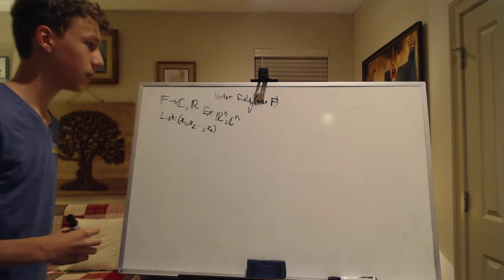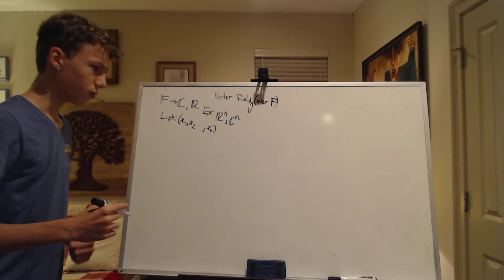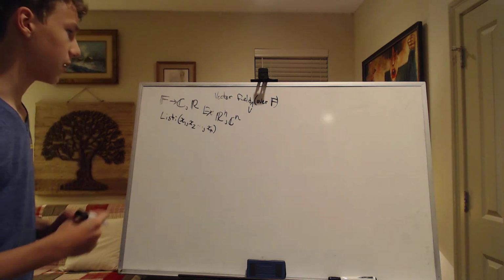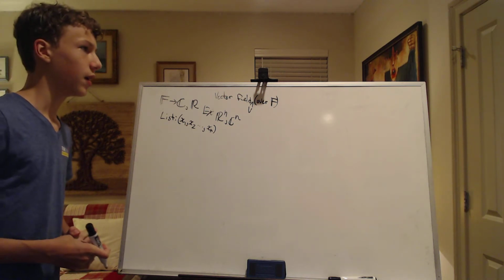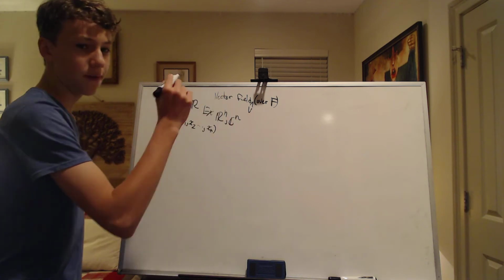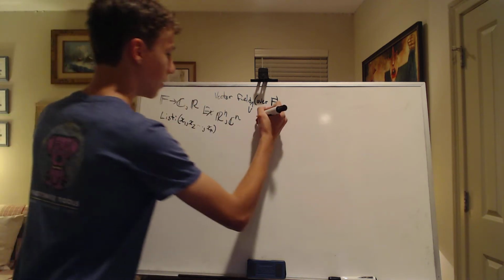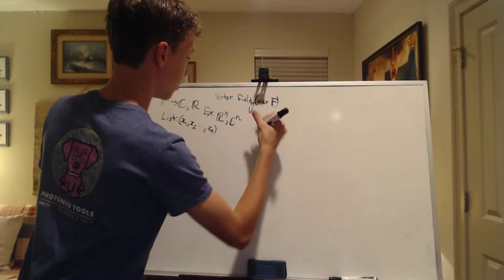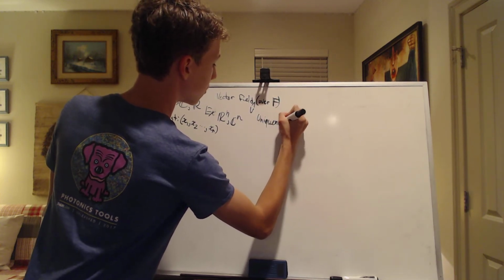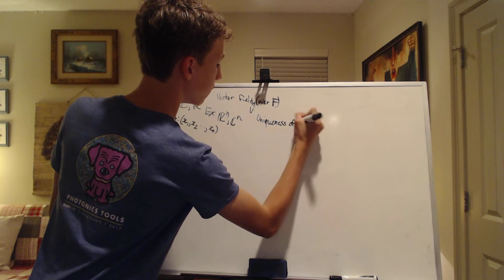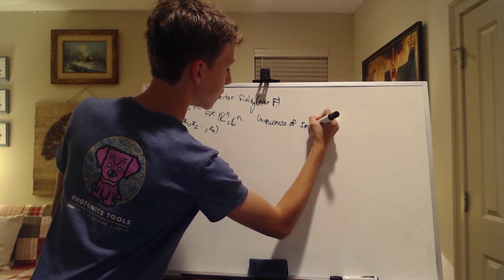For example, one of the axioms is that there always exists an additive inverse for each element. And so we can add on to that. In fact, those inverses are unique. So, uniqueness of inverses.